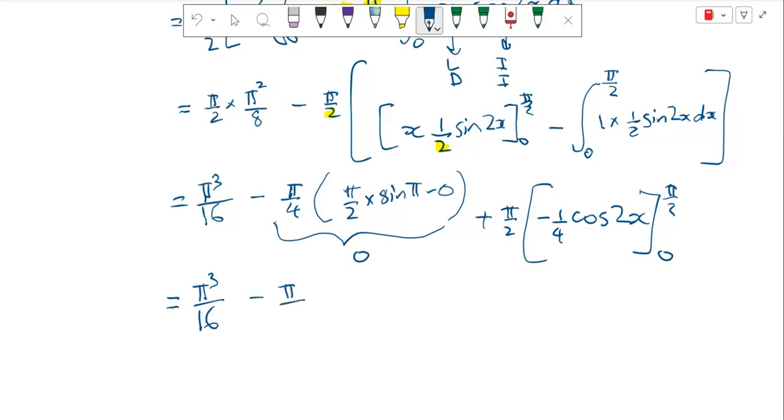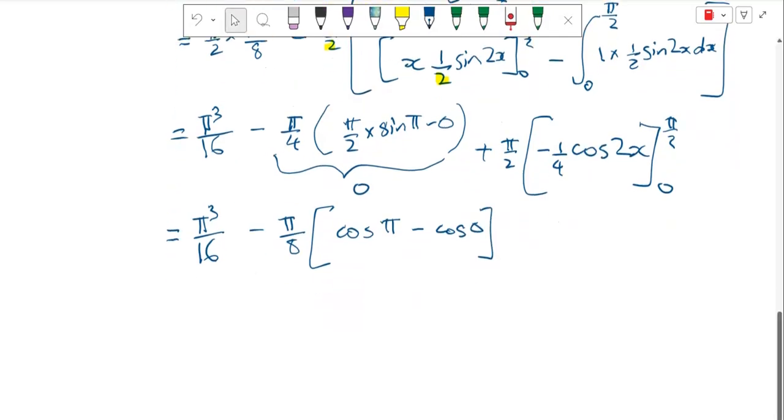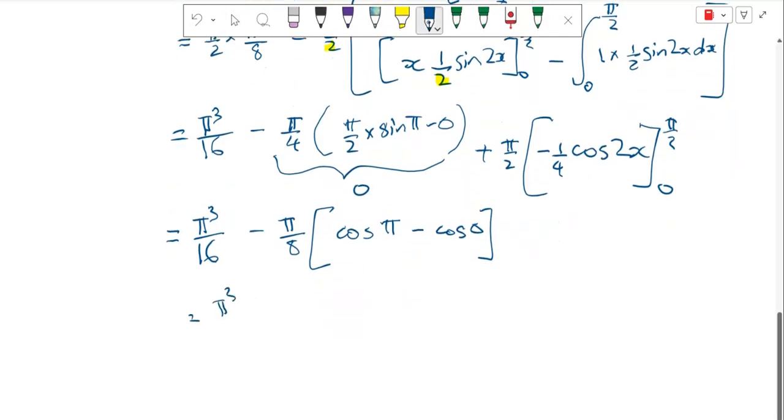Right, so minus pi on 8 times cos of 2x, so cos of pi minus cos of 0. That's going to give me pi cubed on 16 minus pi on 8.